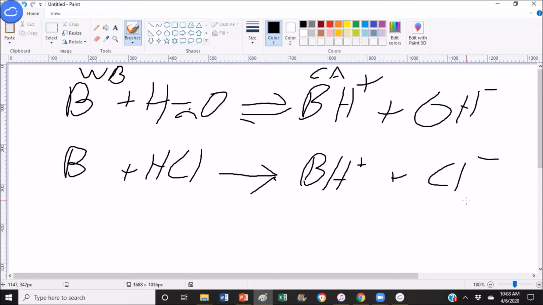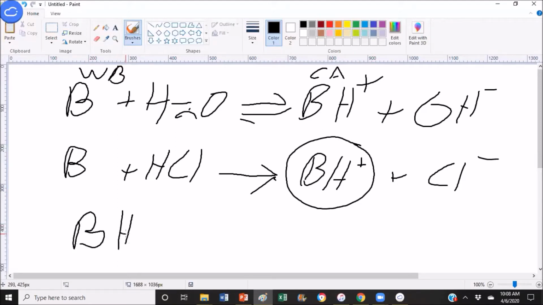But when acid and base cancel out, we have only this in solution. With only that in solution, we have this conjugate acid-base chemistry that occurs with water.